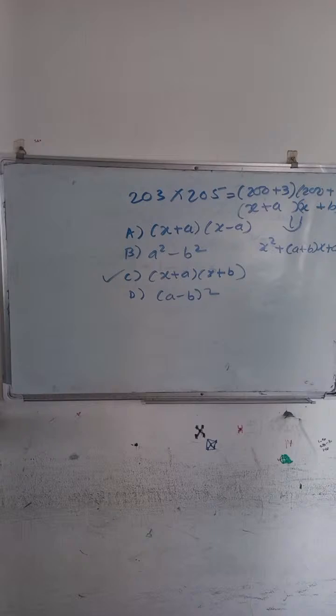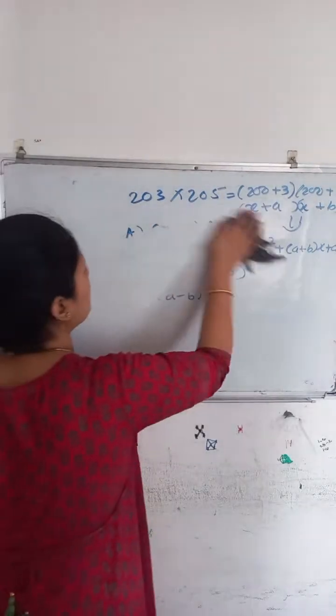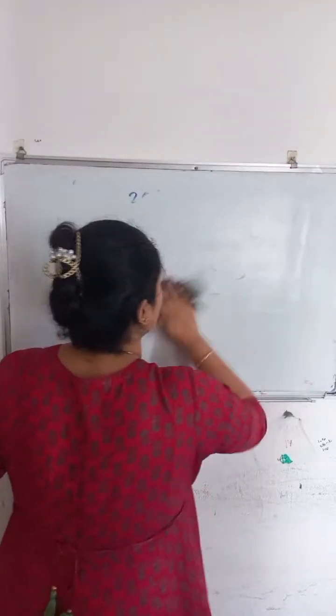Which of the following is incorrect? If triangle ABC is congruent to triangle XYZ, then which of the following is incorrect? I will write down the options and then we'll go to find out the answer.